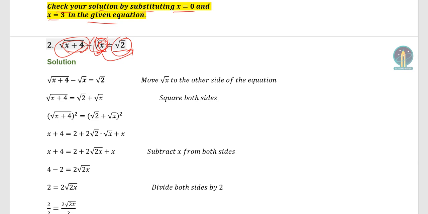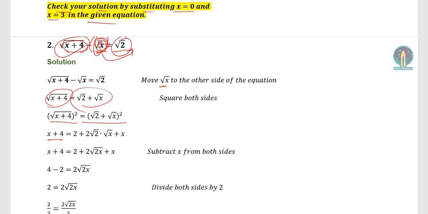Okay, so that's why we want to bring the square root of x to the other side of the equation. So then we'll have square root of 2 plus square root of x on the right hand side, and then on the left hand side we have square root of x plus 4. So now if we square both sides, right, we'll have x plus 4 on the left hand side.